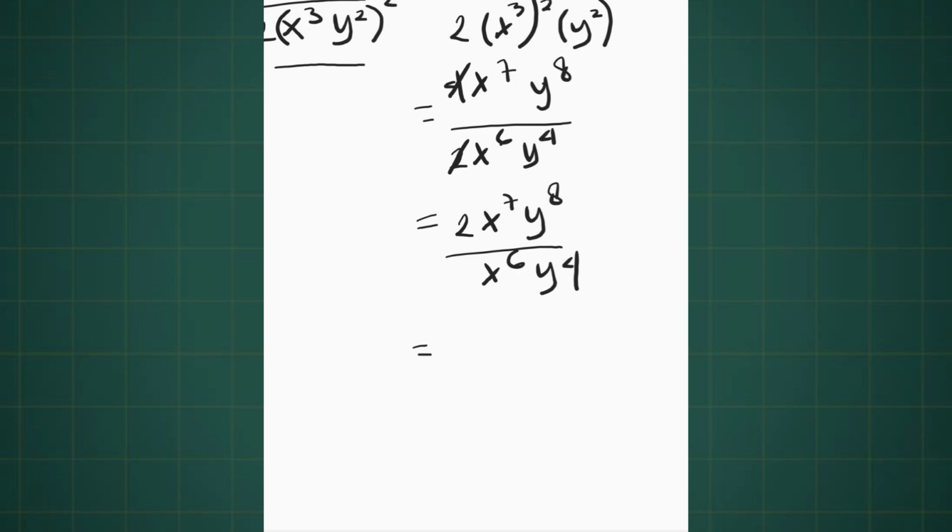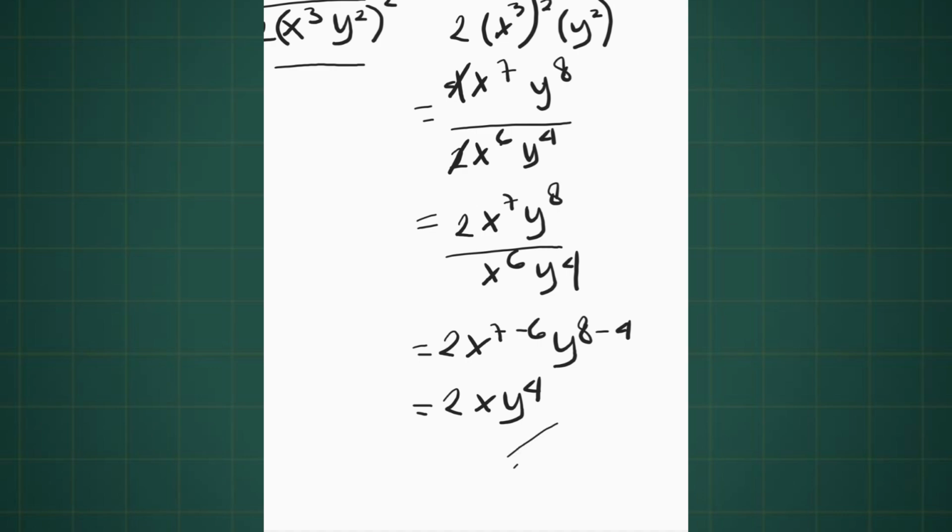For x, so we can write 2x to the power of 7 minus 6, y to the power of 8 minus 4, and then we got the result, which is 2x y to the power of 4.